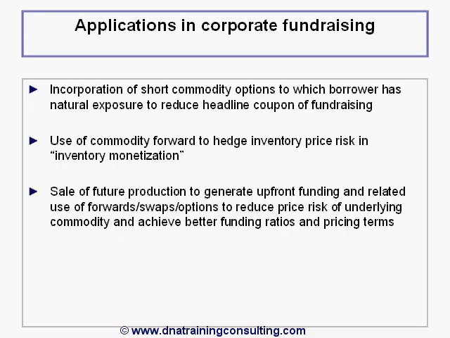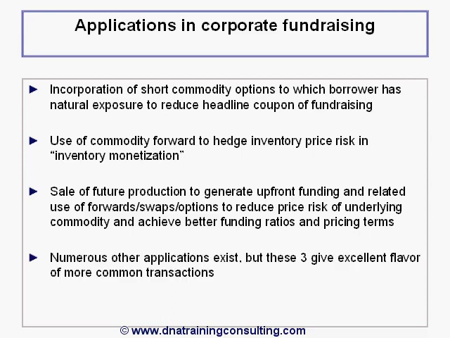And third, the sale of future production or production revenues from commodities to generate upfront funding and the related use of forwards, swaps, or options to reduce the price risk of the underlying commodity and achieve better funding ratios and pricing terms. Numerous other applications exist, but these 3 will give you an excellent flavor of the more common transactions.